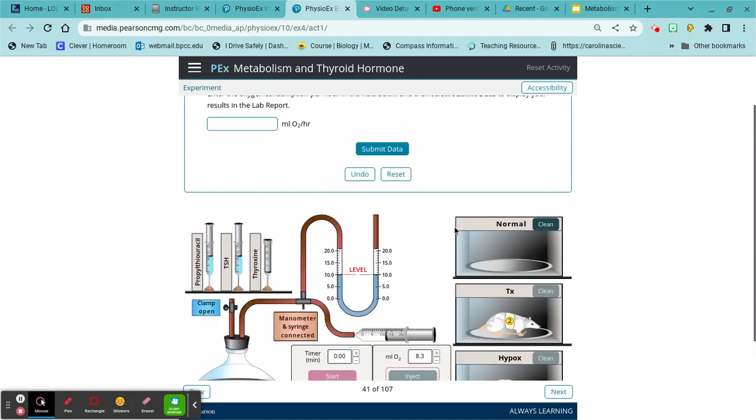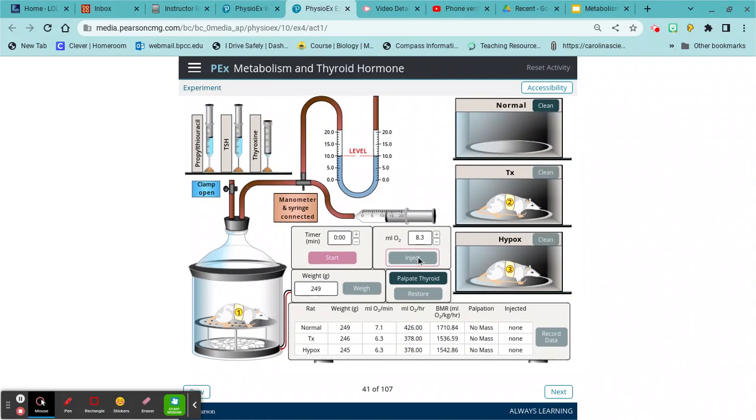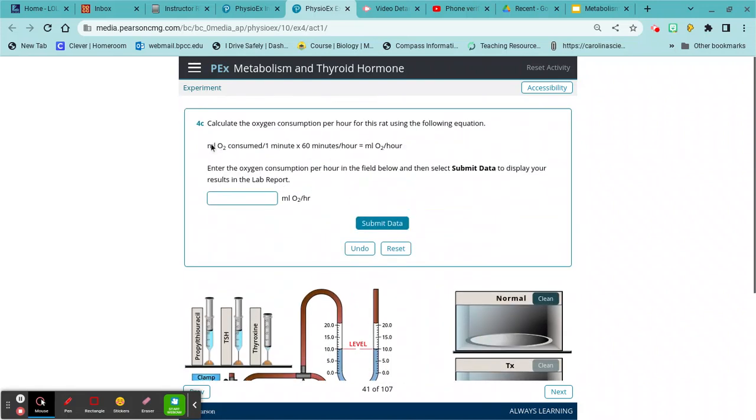Okay, so it leveled out at 8.3. So remember what we do is we take that 8.3, and I'm doing this off screen, and we're going to divide it by 60, which is how we convert. That can be set up in one of those T-charts.